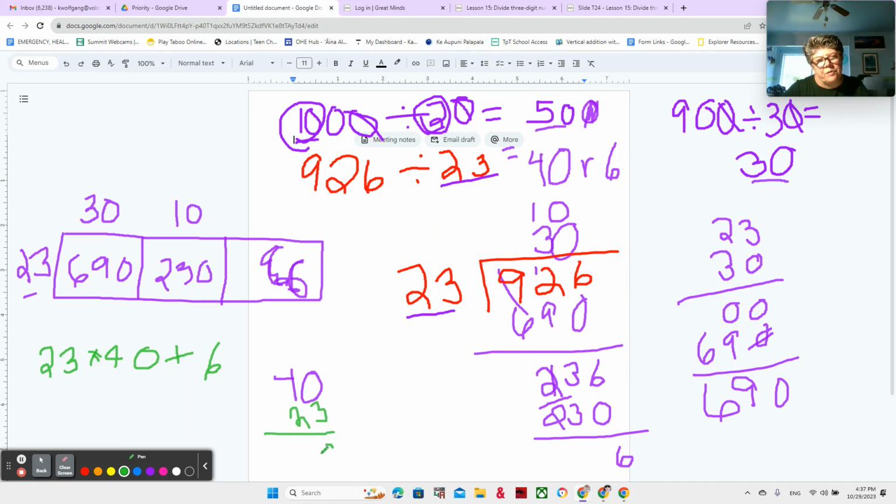Like I said, let's do the math and make sure that we got it correct. Magic 0, 12, 8. Add those two together. That's going to be 920 plus 6, 926, which is correct.